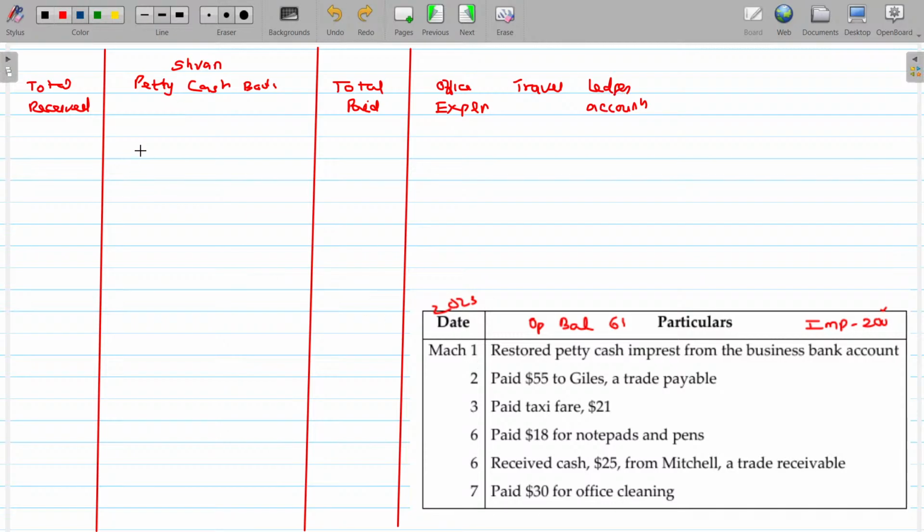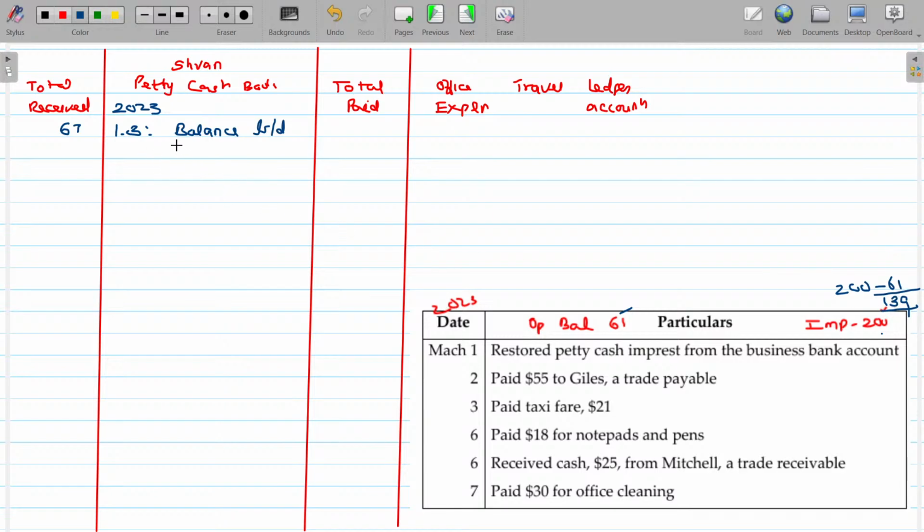So 1st March 2023, balance brought down being 61. But we need to have how much? 200 rupees. We have only 61, means shortage being 139. You have to get 139 from the main cashier.